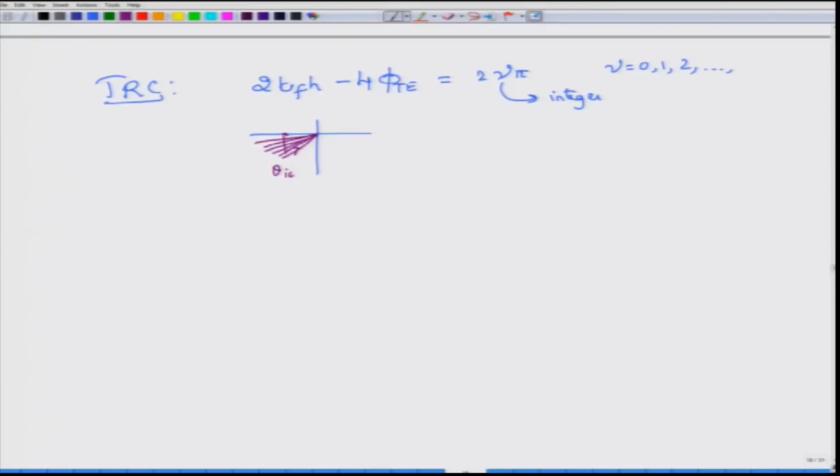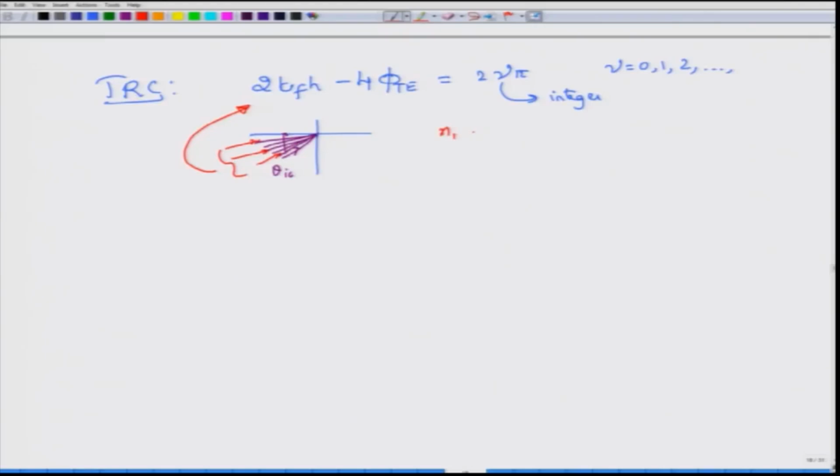Although each of them will experience total internal reflection, many of those angles do not satisfy the transverse resonance condition, so they will experience destructive interference and eventually die out. Only those specific values of theta, maybe this angle, this angle, this angle, which satisfy the transverse resonance condition will survive.